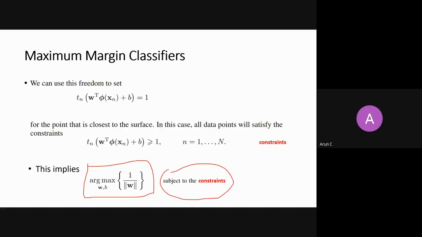And what are my constraints? That all the perpendicular distances from the hyperplane, though they are scaled perpendicular distances, should always be greater than or equal to 1, because you intentionally set it equal to 1 for the closest point, right? So this constraint will be effective now.